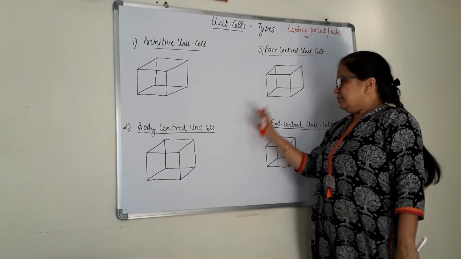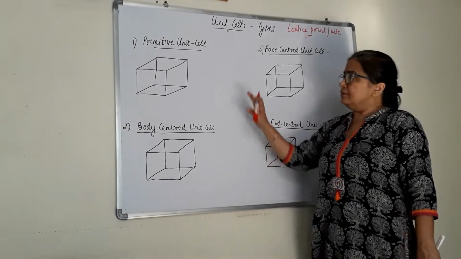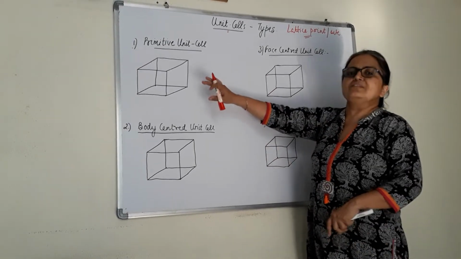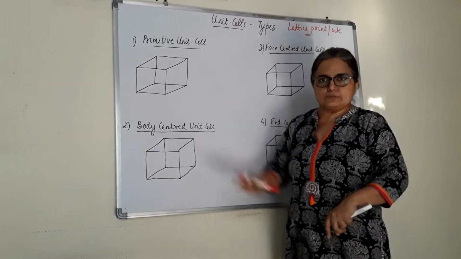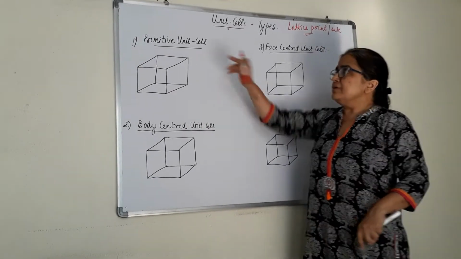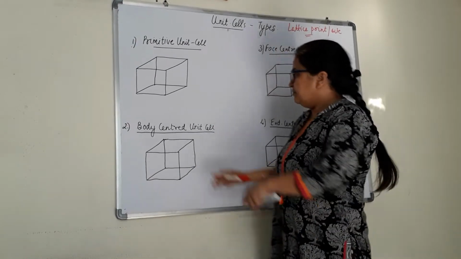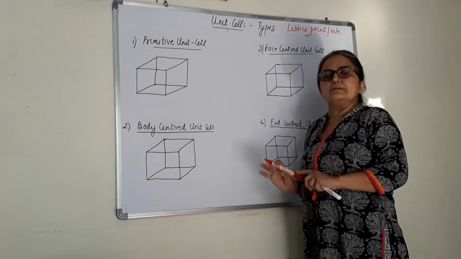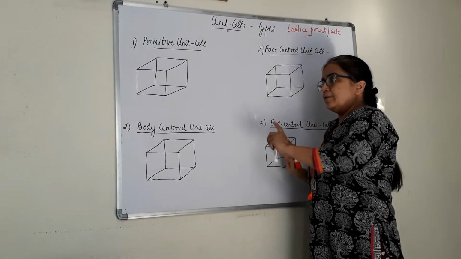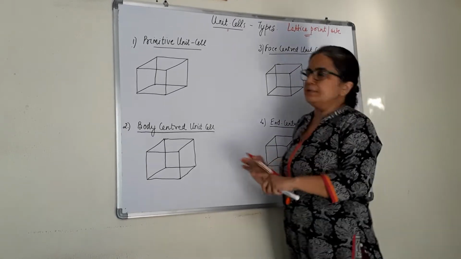There are four types of unit cells we will be discussing, and in one of the unit cells I will discuss the parameters also. First one we are taking is the primitive unit cell. Now what is a primitive unit cell? I have taken in all of them the simple form as a cube.